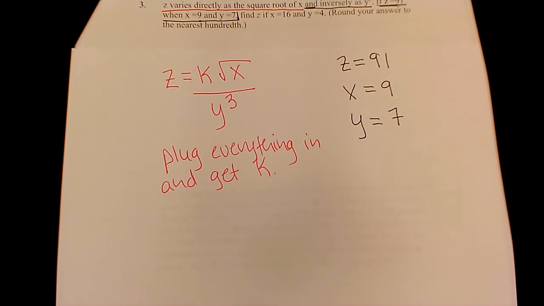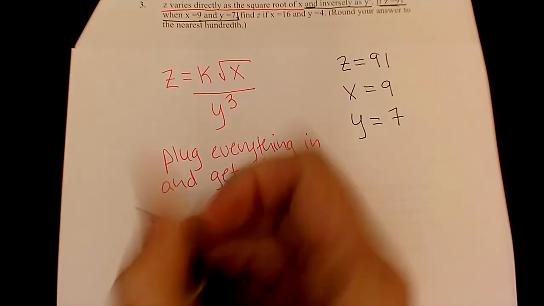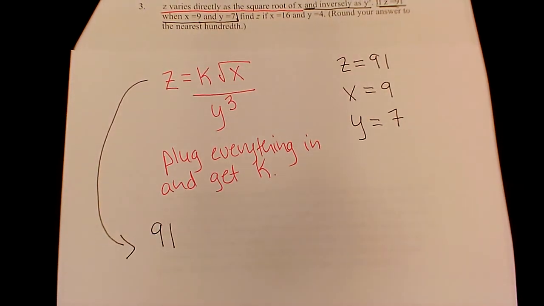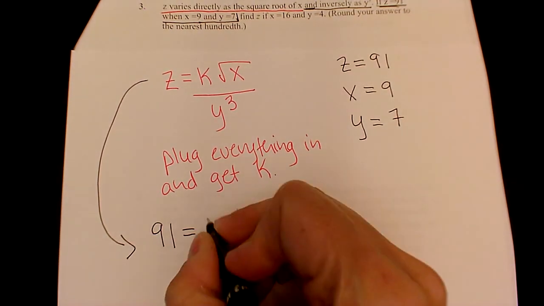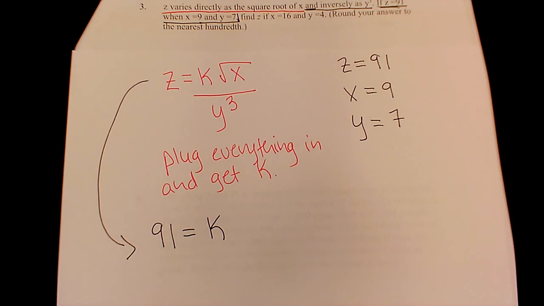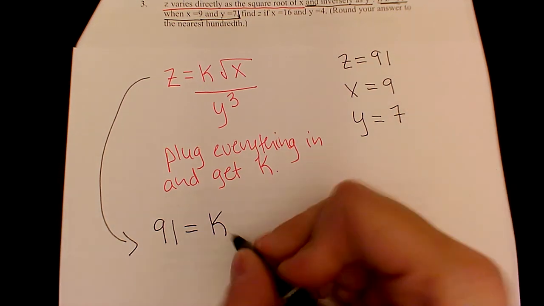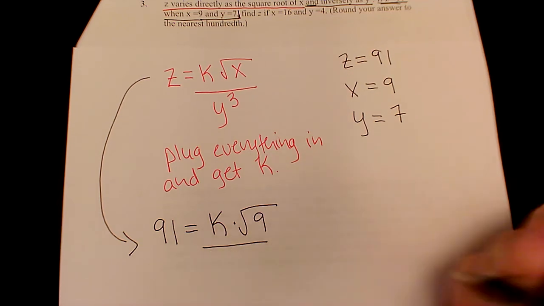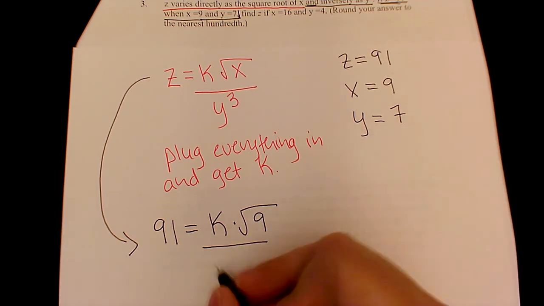Okay. So z is 91, and I'm just following that formula right here. K we don't know. We're looking for k. X is 9, so that's the square root of 9 over y is 7.